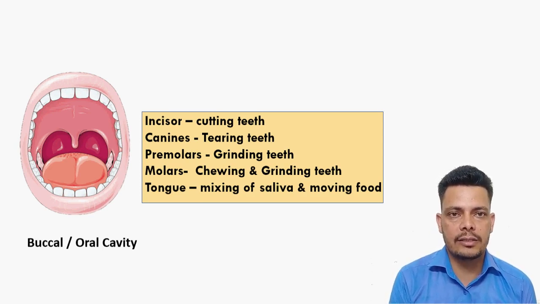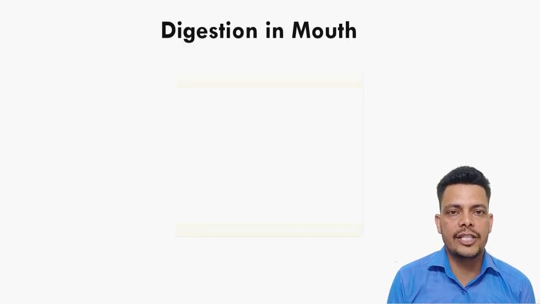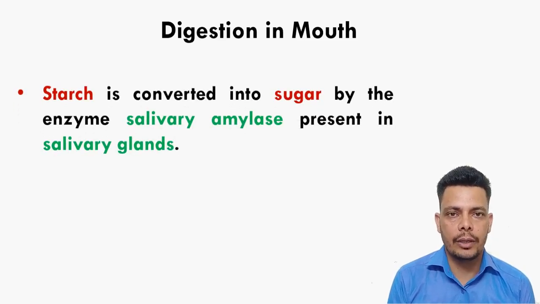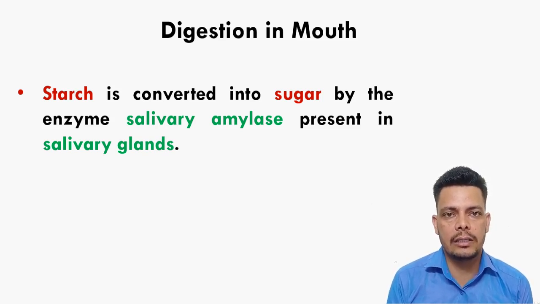Now we need to understand what kind of digestion happens in the mouth. In the mouth, starch is converted into sugars. The sugar can be maltose. If you eat potato or rice, those have starch, and they are converted into sugars. Who converts this material?